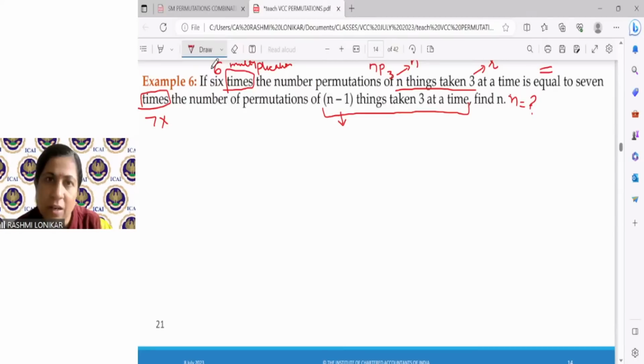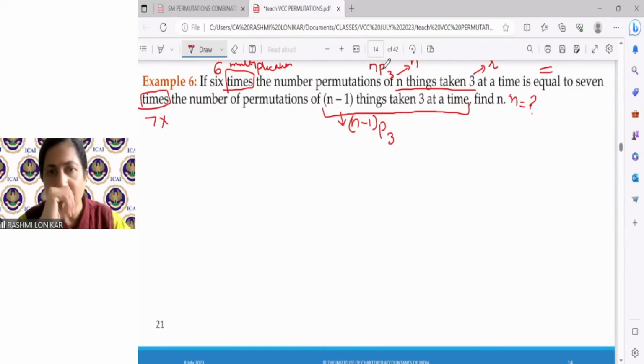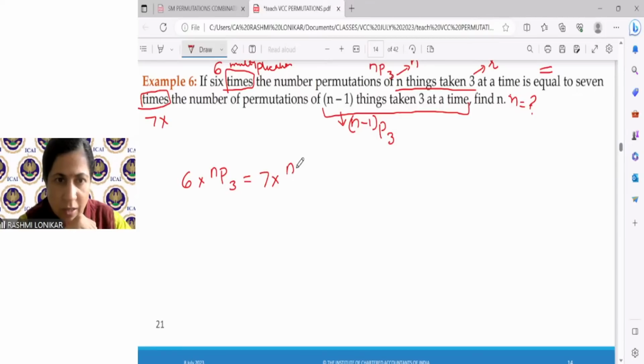I'm going to write down the mathematical equation for whatever is given in this word problem. So 6 times, this is n minus 1 P3. Now what is the equation? 6 into nP3 is equal to 7 into n minus 1 P3.